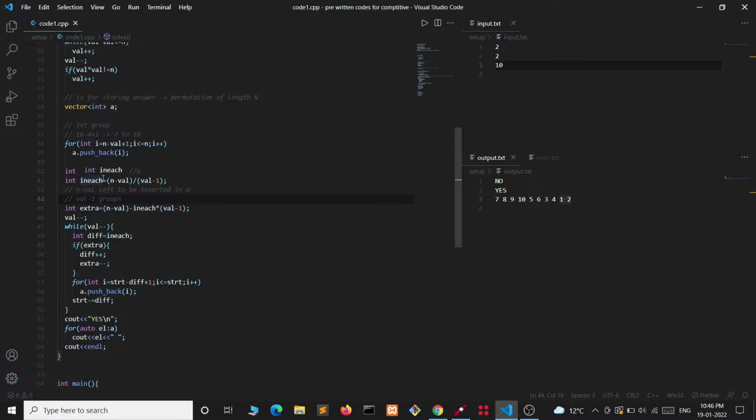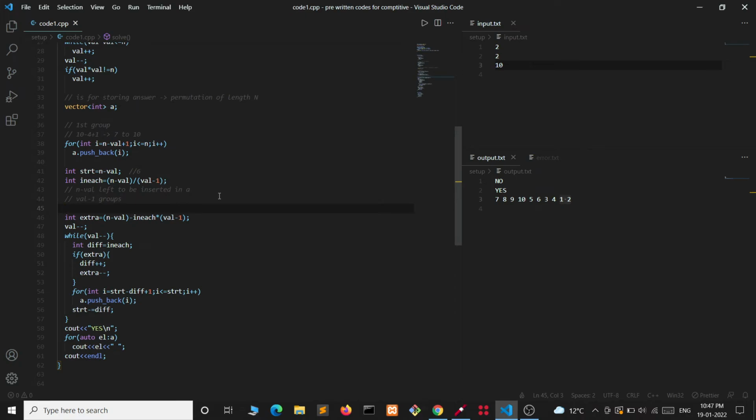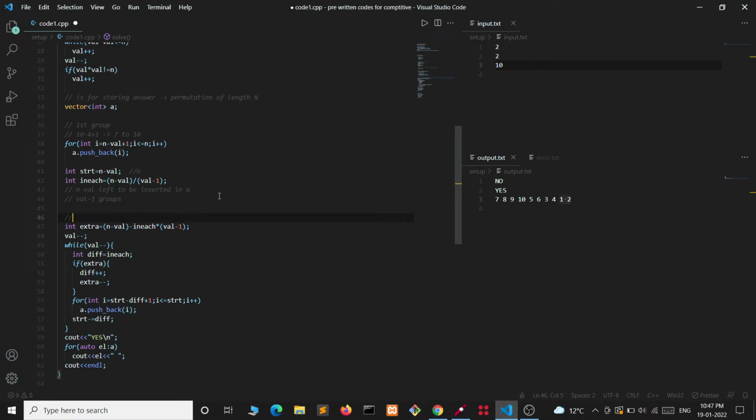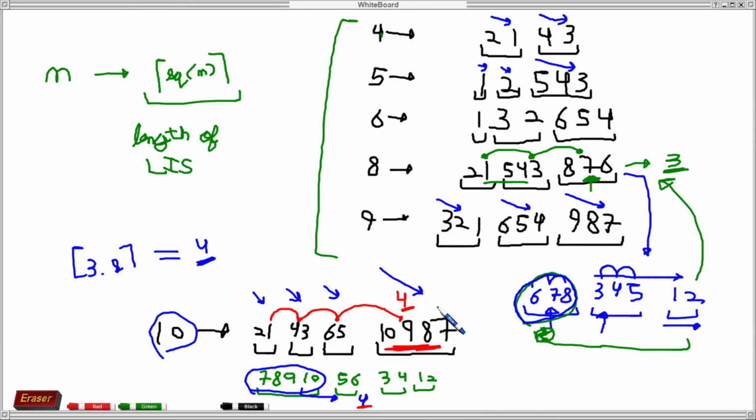So this is the minimum, the at least number of elements we will be getting in each of the well minus 1 groups. After it we are taking the remainder. This is just telling the extra elements we can get. Let's say instead of 10 there is 11, then the elements left were 6, and we have to divide them into three groups.